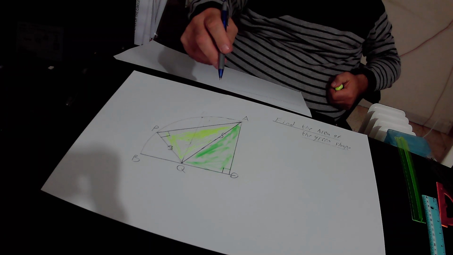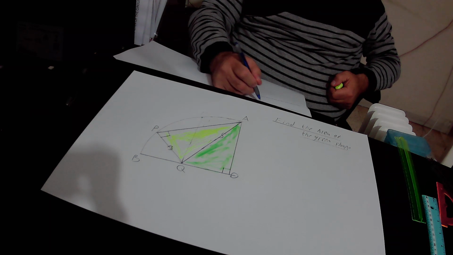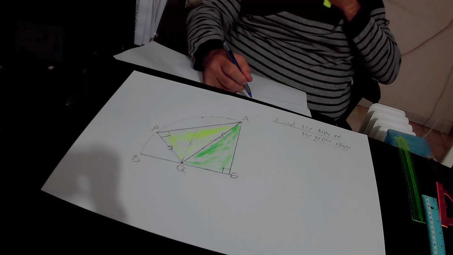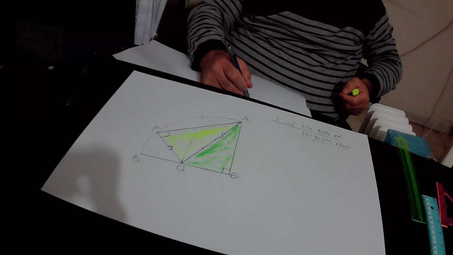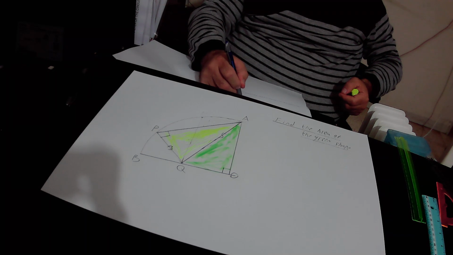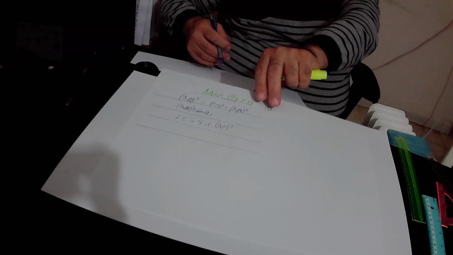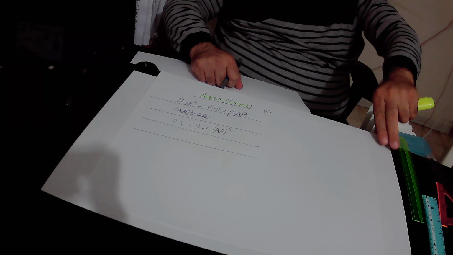PQ is 3, therefore PQ square is 3 squared, that is 9, plus AP square. Again, in the right yellow triangle APQ, 25 equals 9 plus AP square.